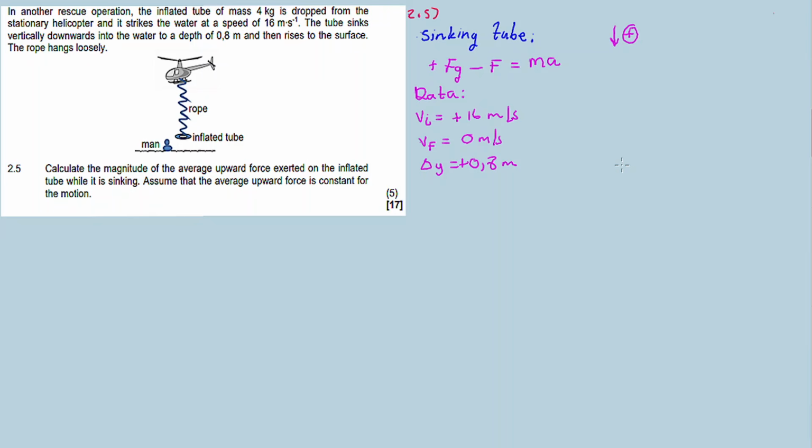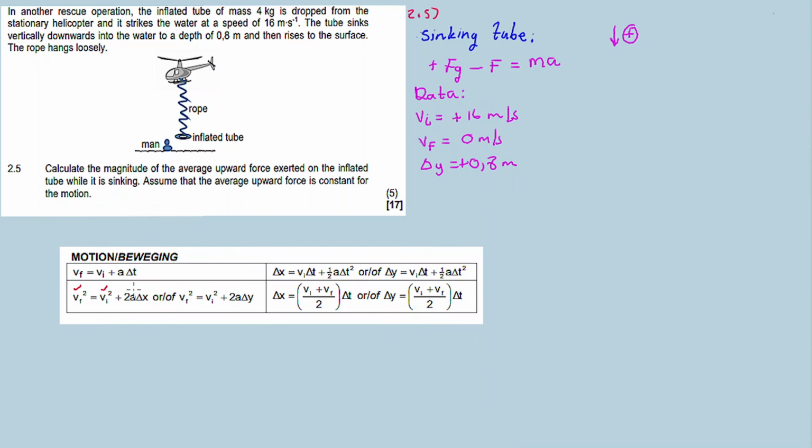But I'm going to need a formula. I will use some equations of motion. I have the final velocity, the initial velocity, I want the acceleration, and I also have delta y. I have all the three values. So v final squared is equal to v initial squared plus 2a delta y, with v final 0.